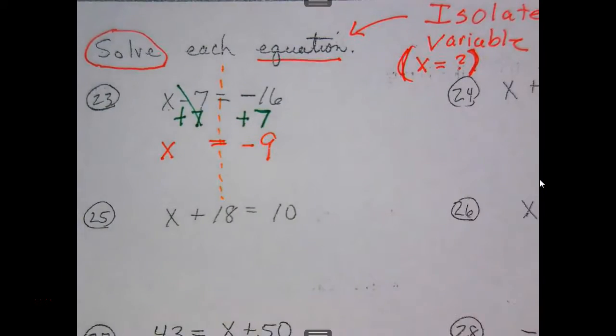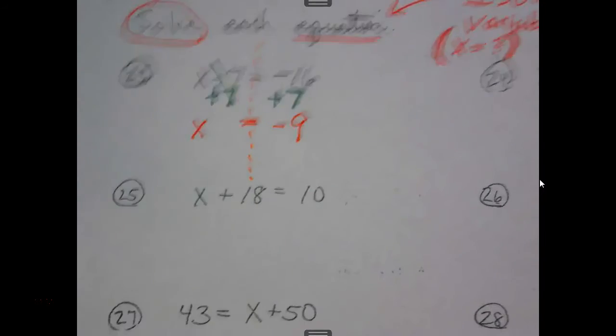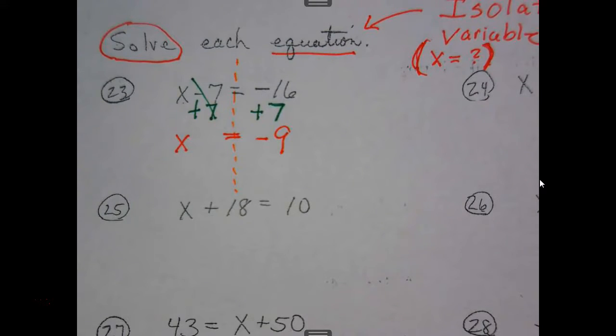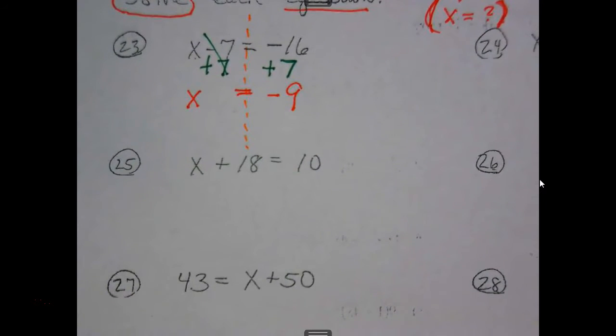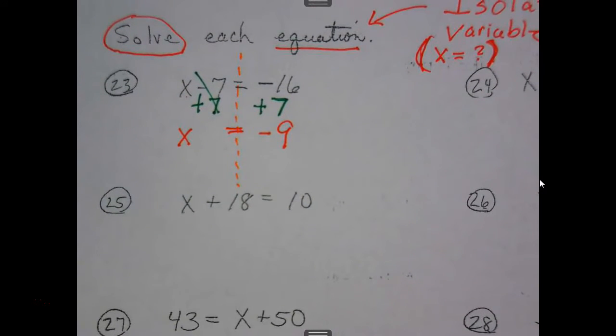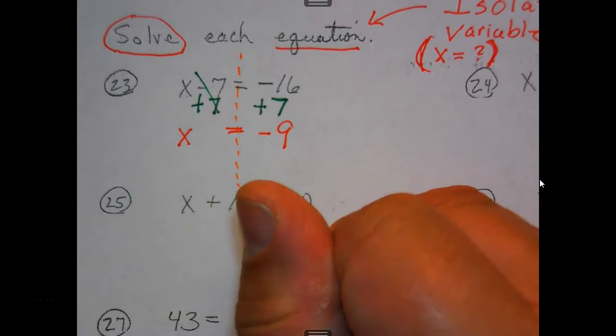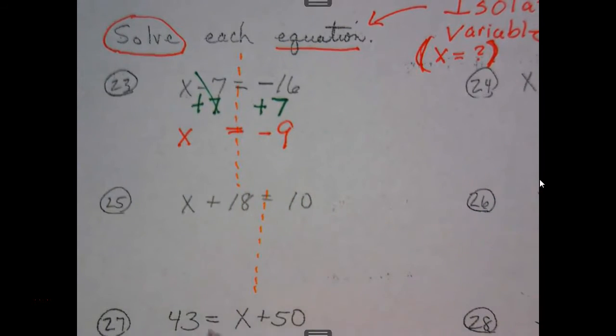Good. Now, if you're not really good at negative numbers, don't worry about it. You always have your calculator available. You plug it into your calculator. Here's my equal sign. In fact, I'm going to do 25, 27, and 29.